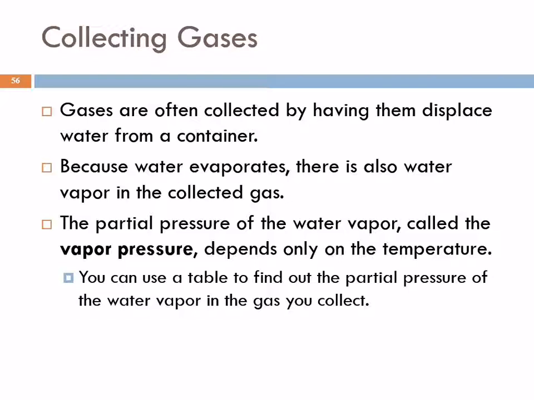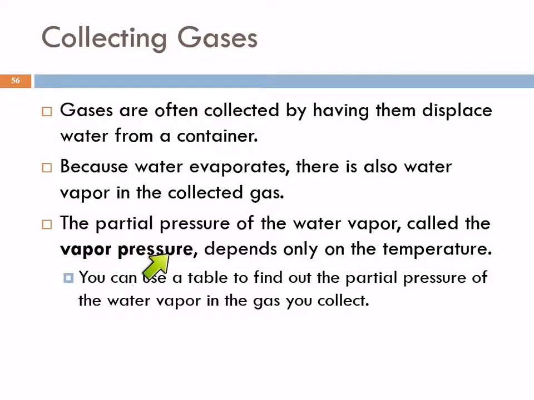What happens then is that in that container we have the gas we're collecting, but we also have water vapor because it's in contact with the liquid water and water evaporates. And so we have a partial pressure of water and the partial pressure of the gas we're interested in. The partial pressure of the water is called the vapor pressure.